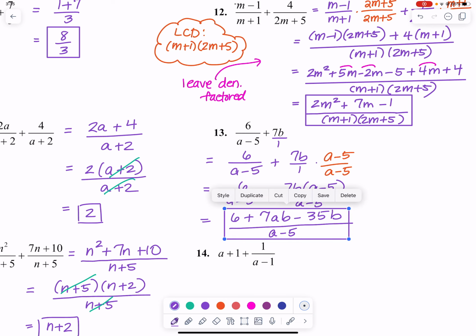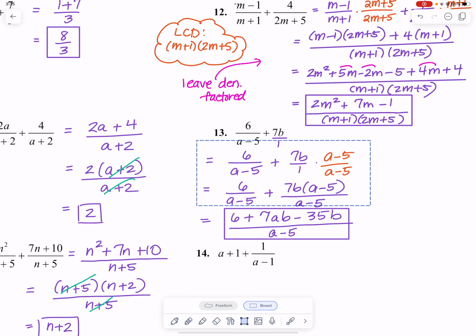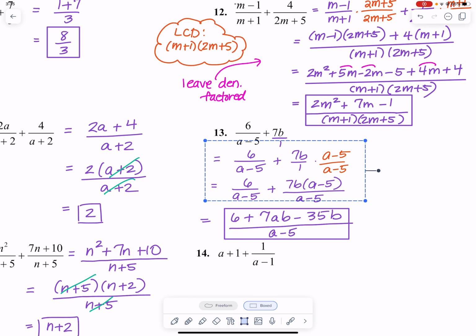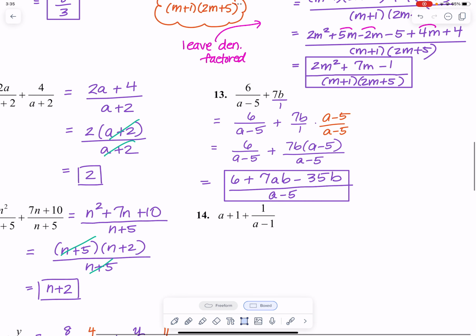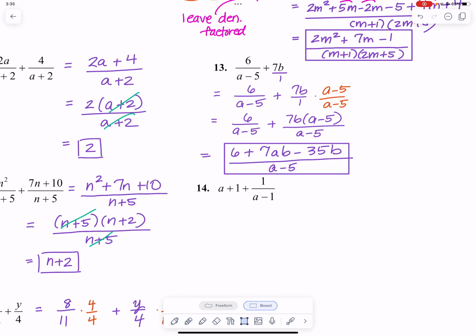Looking at our next problem, we see that we have two terms, and both of these terms have 1 as the denominator. So both of those terms will have to have an LCD of a minus 1.